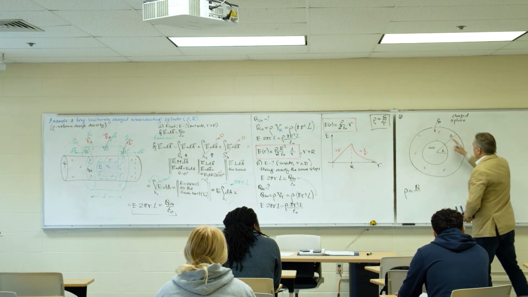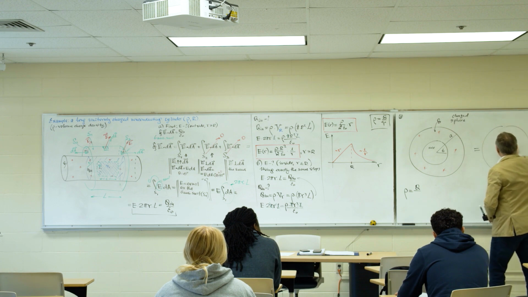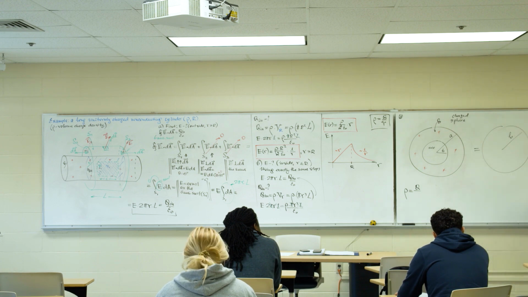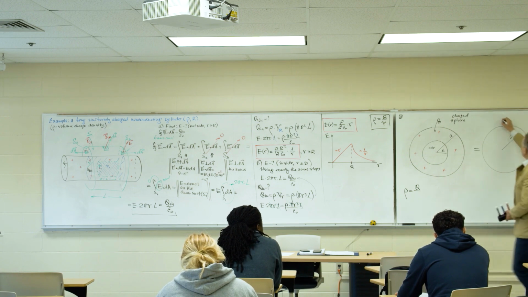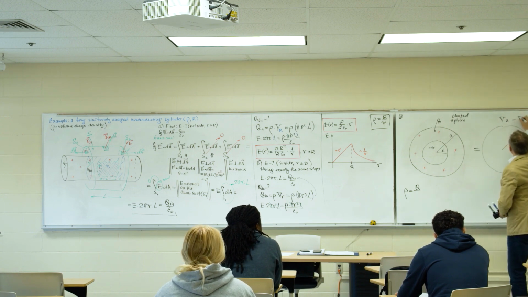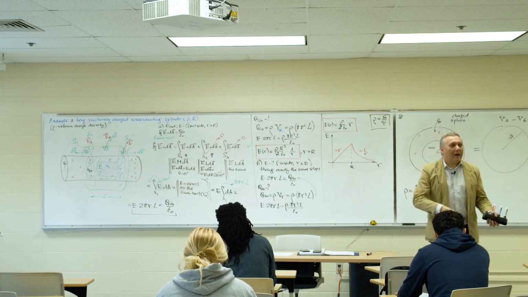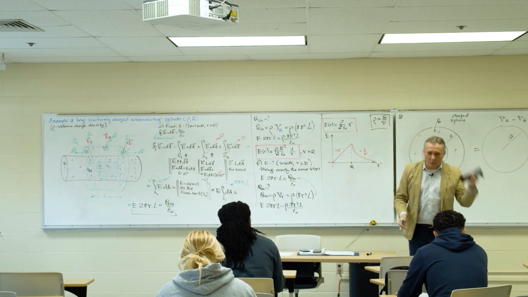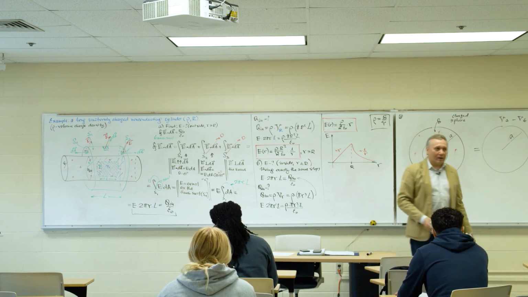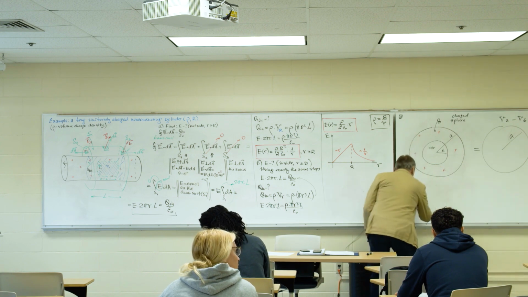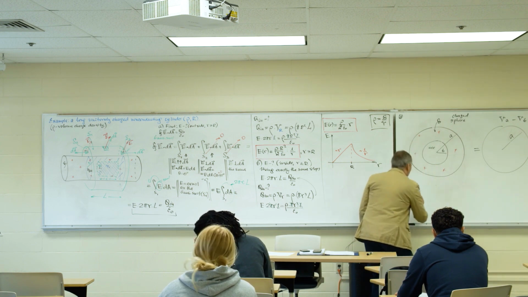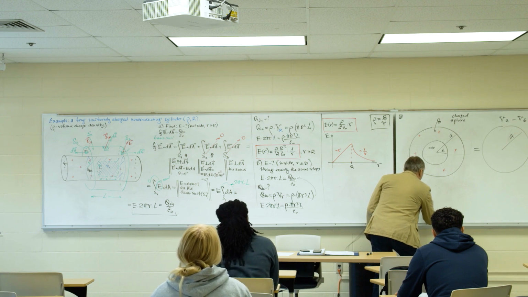Essentially it's the volume of the sphere with radius A minus the volume of the sphere with radius B. So it's essentially VA minus VB. It's not B minus A to the power of 3. No, it's a volume minus volume. So it will be a difference of volumes.